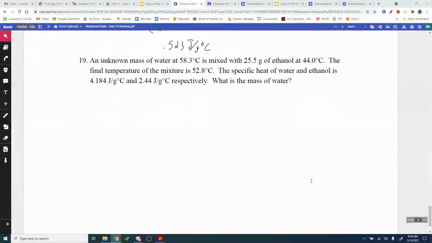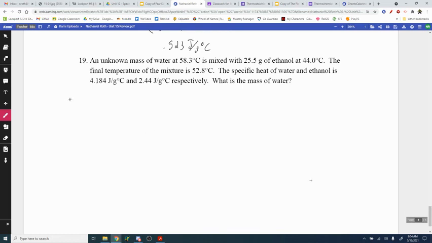Okay, so last question. Unknown mass of water, blah, blah, blah. So very similar to last question, we are going to identify each one of our numbers as a variable. Okay, so our first one, hold on, there we go. Our first one, 58.3 degrees Celsius.